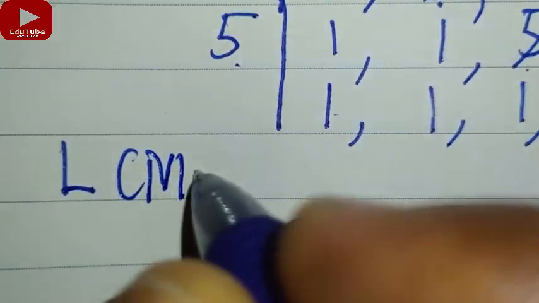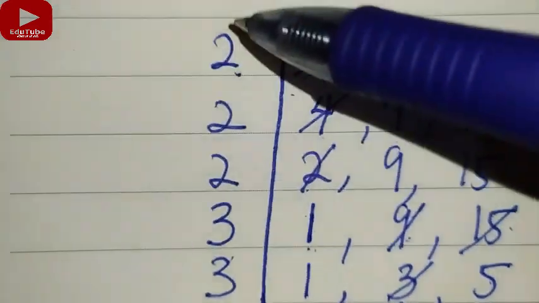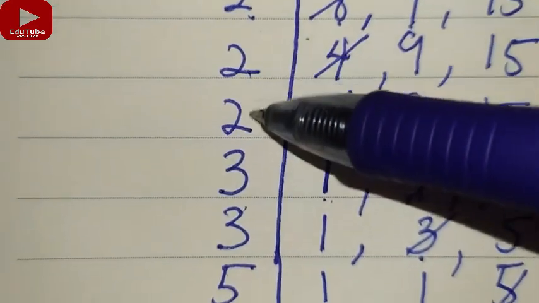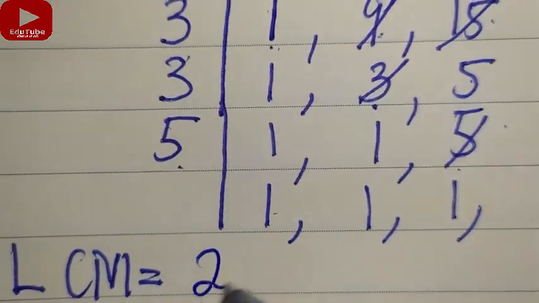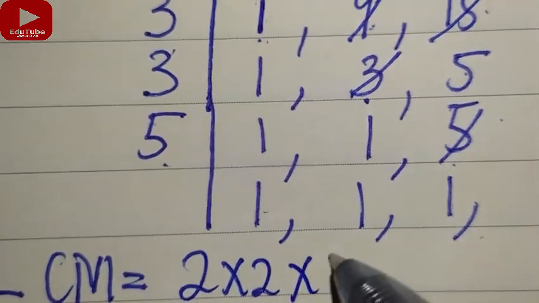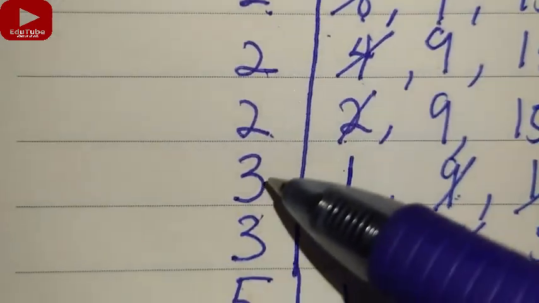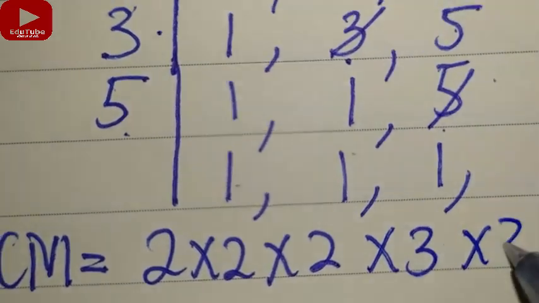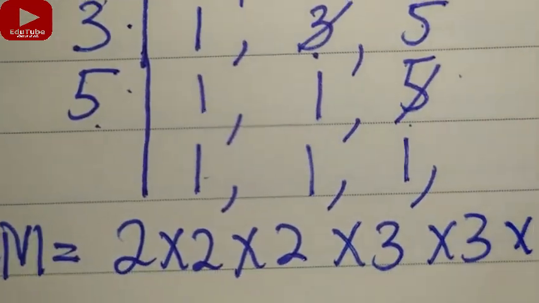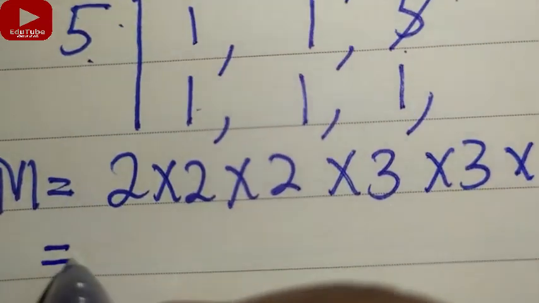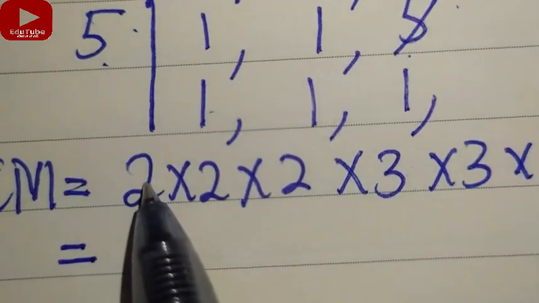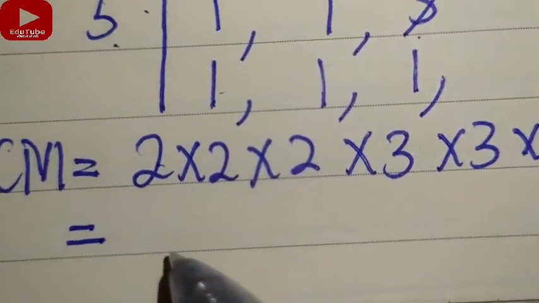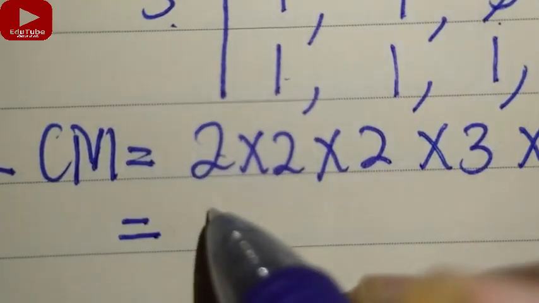So our LCM is equal to 2 times 2 times 2 in 3 places, then times 3 times 3, and then times 5. Now it is advisable to raise the power of the repeated numbers to express them as indices.